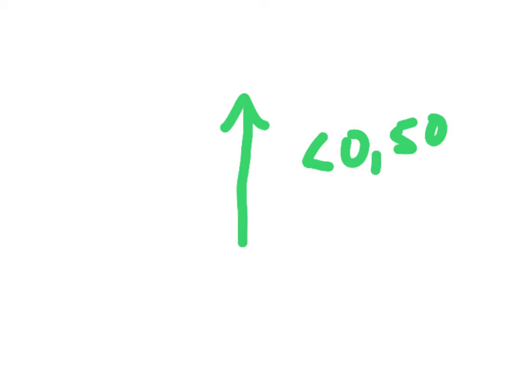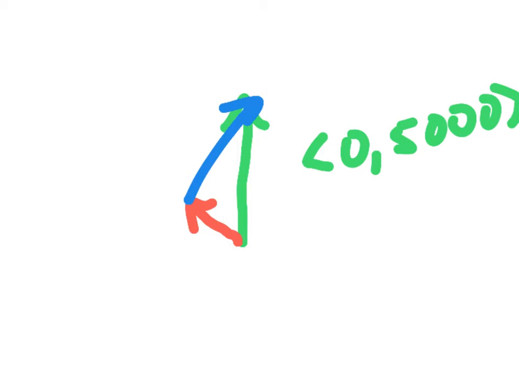Now, the nice part about this problem is I know I have that. Let me undo that and make my line a little fatter. I know I have that line that is 0, 5,000. But I also know that the sum of those two other vectors equals that.